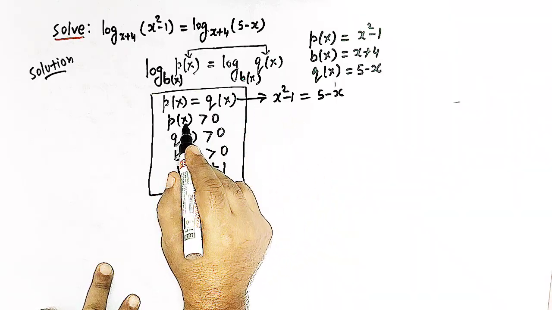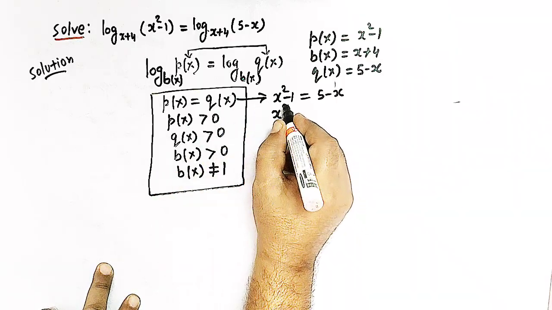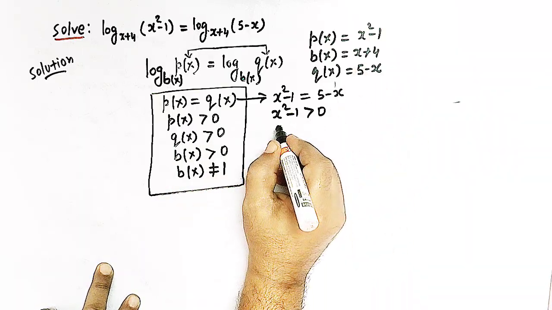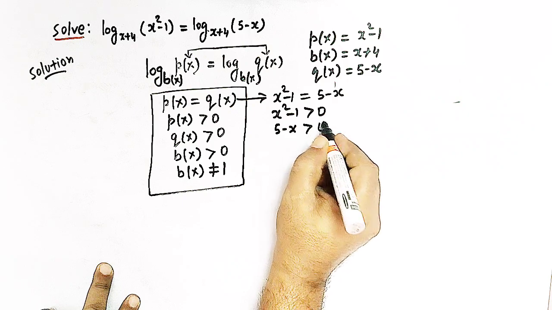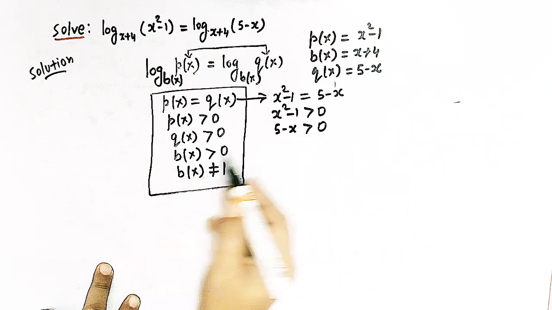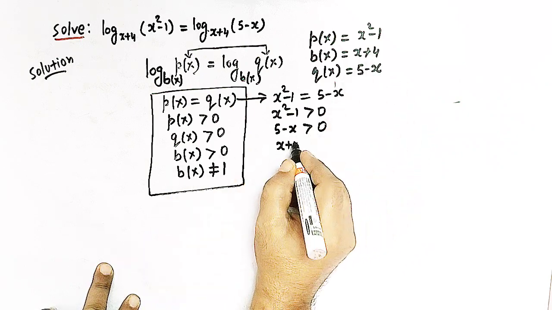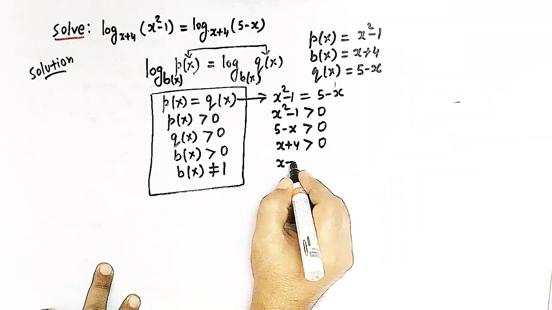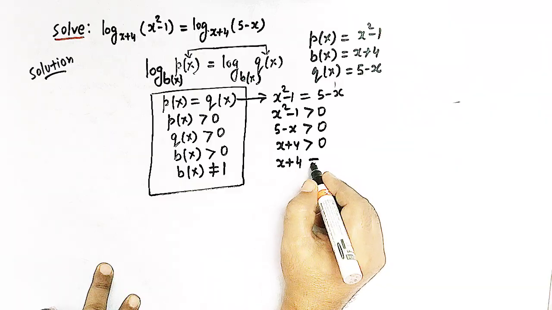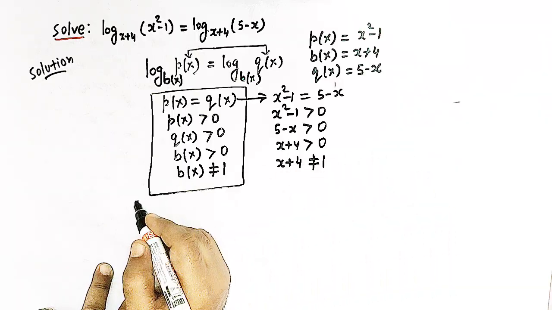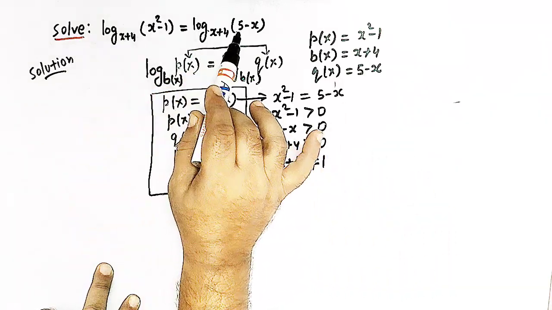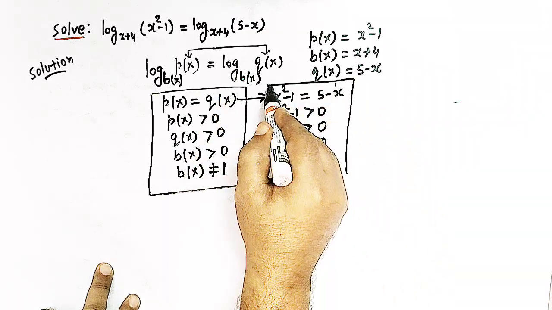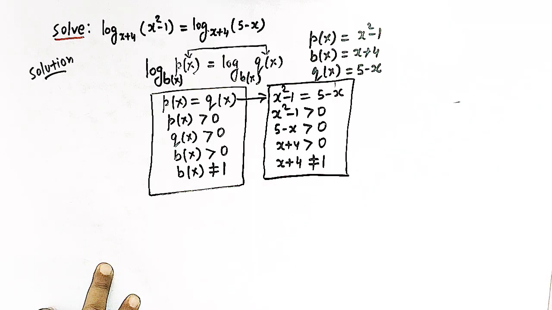And then we have p of x greater than 0, so we have x square minus 1 greater than 0. q of x is greater than 0, so 5 minus x is greater than 0, and b of x, that is x plus 4, should also be greater than 0, and b of x, that is x plus 4, should not be equal to 1, right? So corresponding to this equation, we have these constraints or conditions.